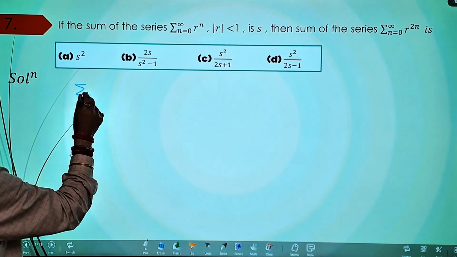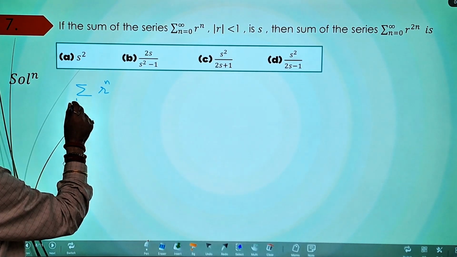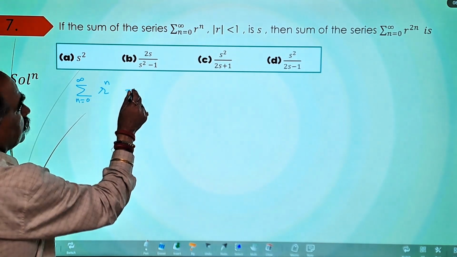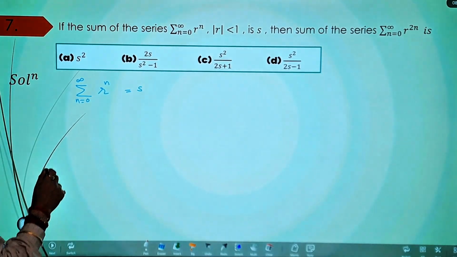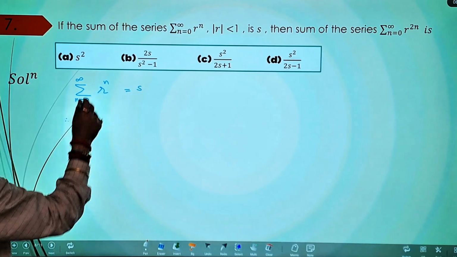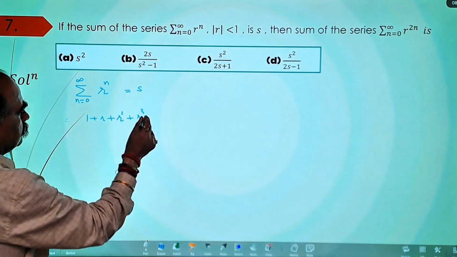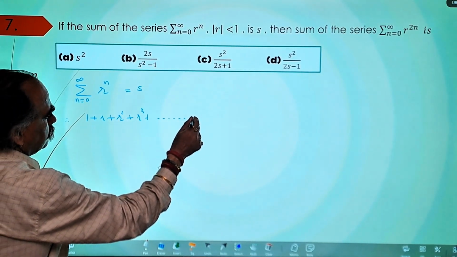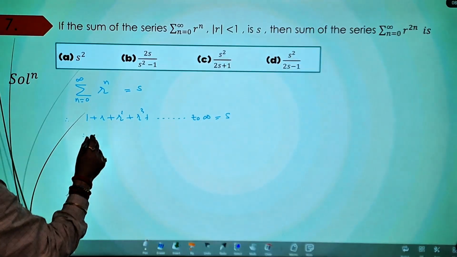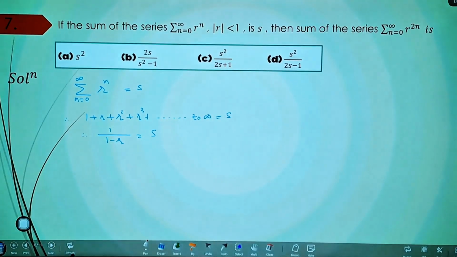Sigma r raised to n, n takes value from 0 to infinity is given to be S. Therefore, n is 0, so 1 plus r plus r square plus r cube to infinity is what? S. So 1 upon 1 minus r is equal to S.